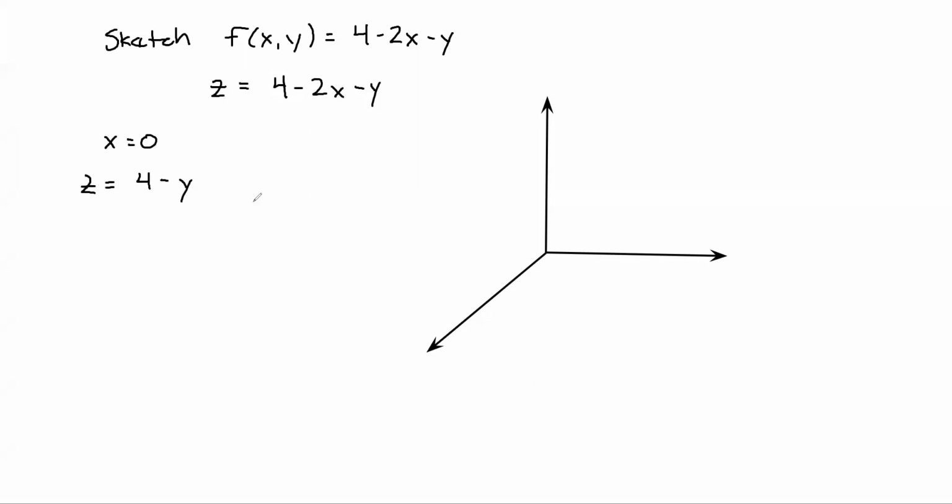You might not recognize that, but you could. So we just go up 1, up 2, up 3, up 4, and so that's our z-intercept at 4, and then we've got a -1 slope. So we want to go down 1 over 1, and then you could draw a line that goes through those 2 points.